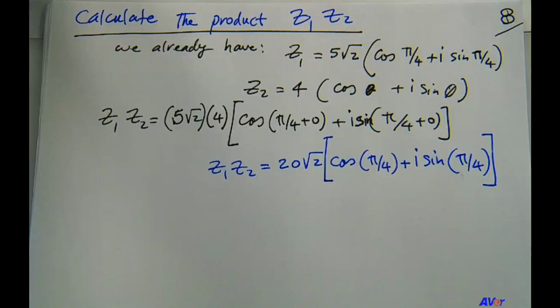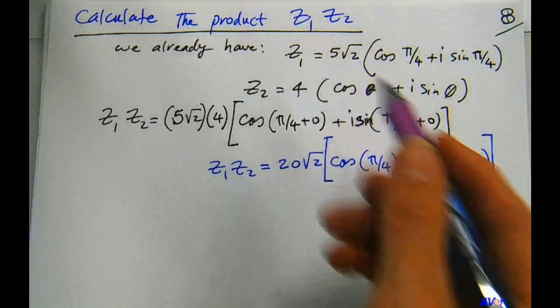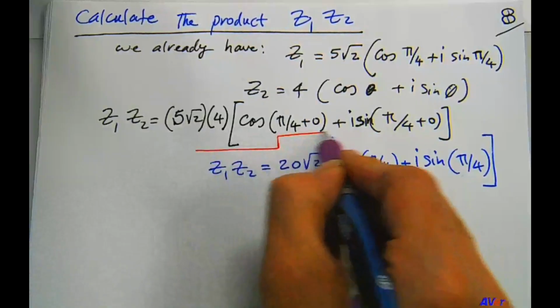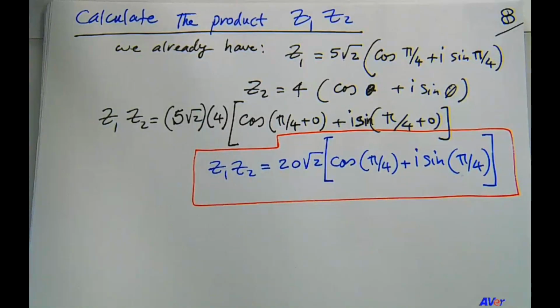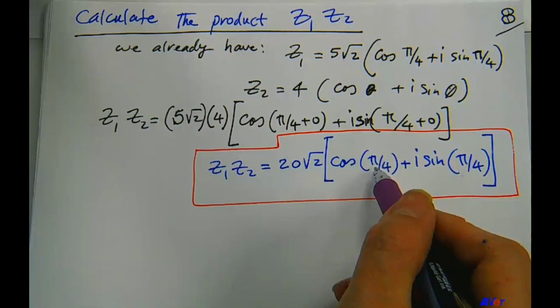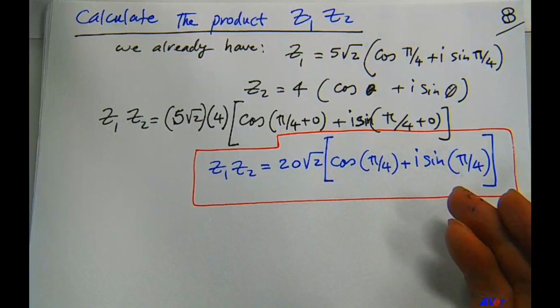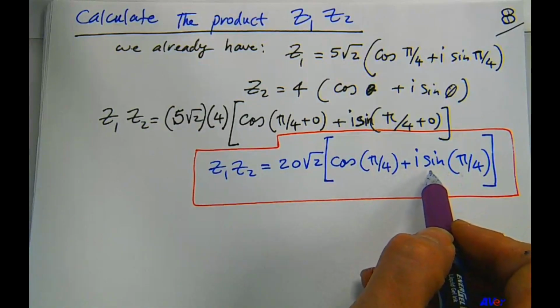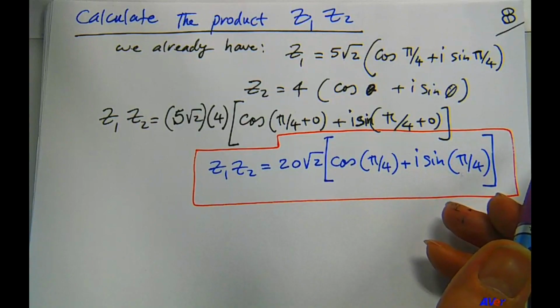Okay. I'm going to leave the answer in polar complex form, but if a problem says simplify it as much as possible, certainly then we can do that, right? Because cosine pi over 4 is square root of 2 over 2, and sine of pi over 4 is, again, square root of 2 over 2.